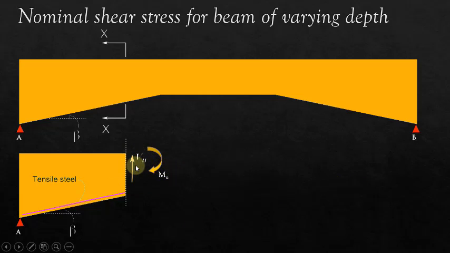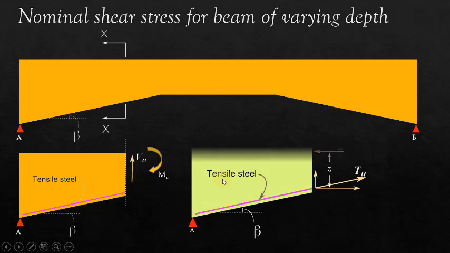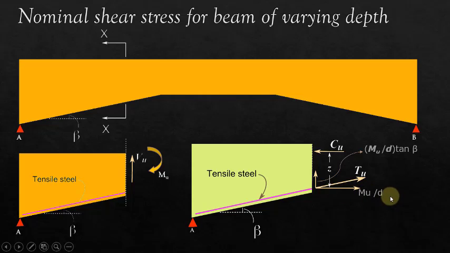The resistance force developed in reinforcement Tu will make the angle beta with the horizontal. Since the bottom surface of the beam is inclined at an angle beta with the horizontal, Tu will have a horizontal component and a vertical component as shown here.